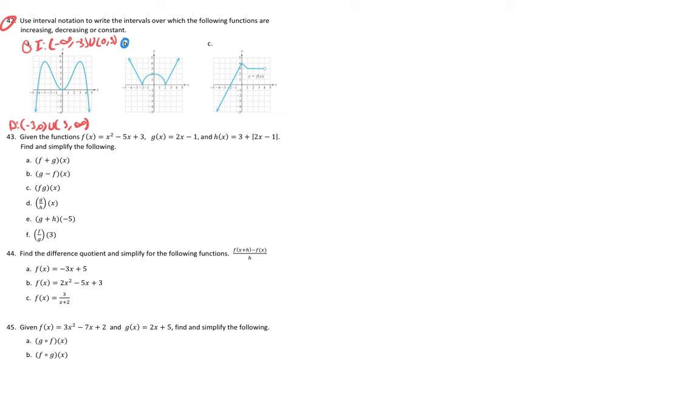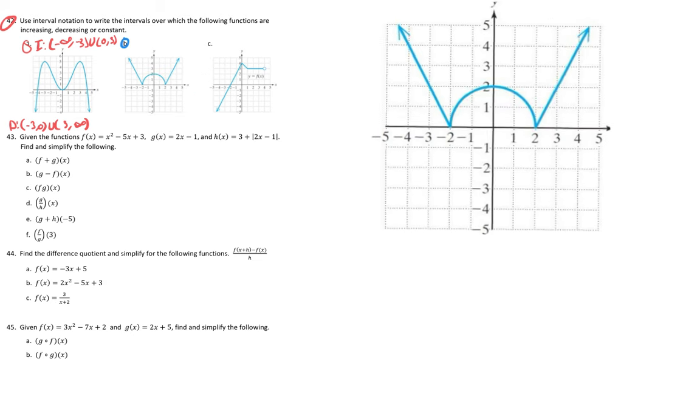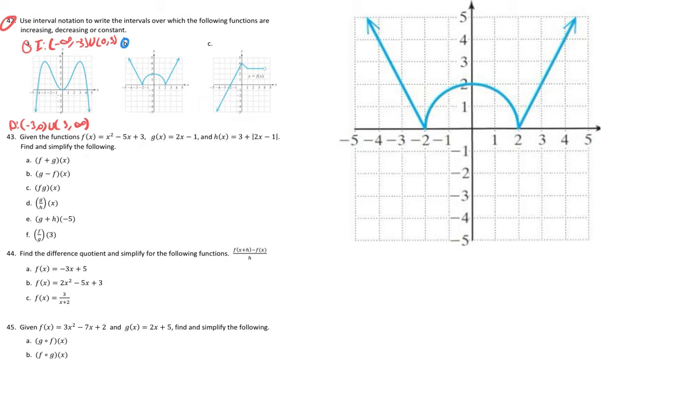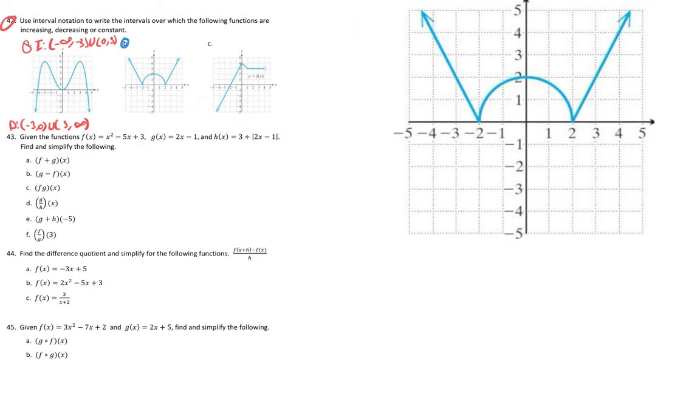Part B. Okay, so again, increasing is going up as we're going right.